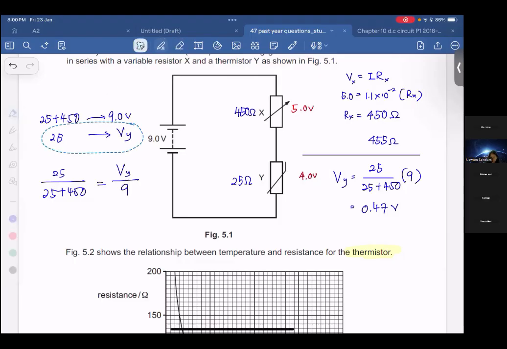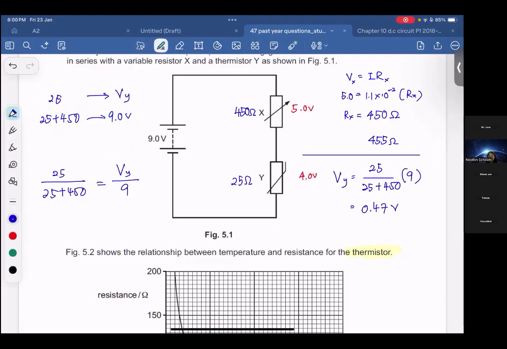So this one is unknown Y. I move this to here. 25, what is the voltage I get? I don't know. Then total resistance is 25 plus 450, and I check the 9 volt. So from here you do the ratio, your mathematic way. Then you move the 9 to the other side.